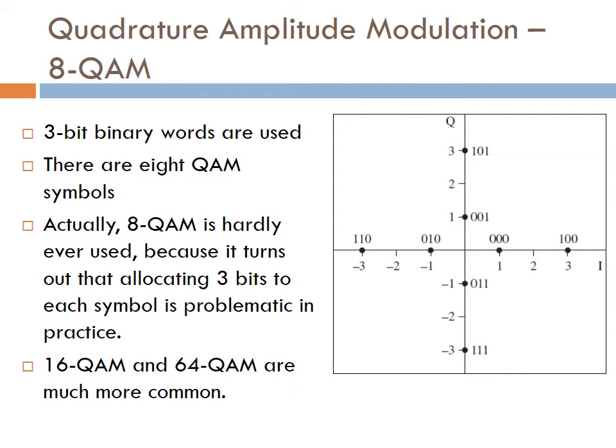Three-bit binary words are used in the case of 8 QAM, because in 8 QAM we have 8 symbols and 8 equals 2 to the power 3. This means that each symbol represents 3 bits, since we have 8 combinations of 3 bits, and each combination has a unique symbol to represent it.